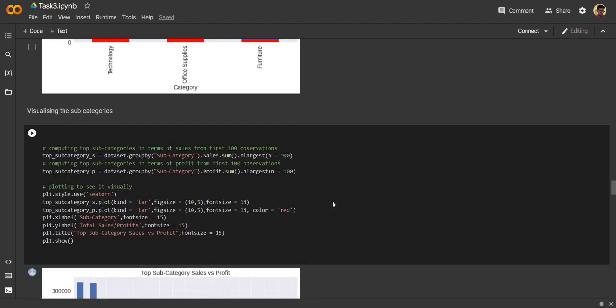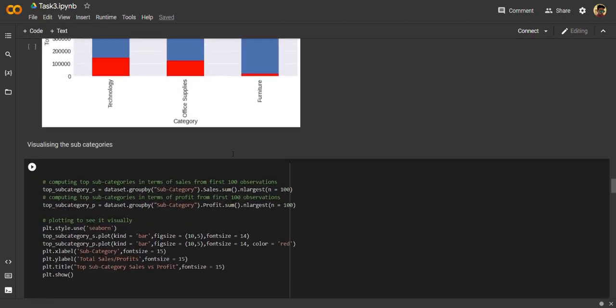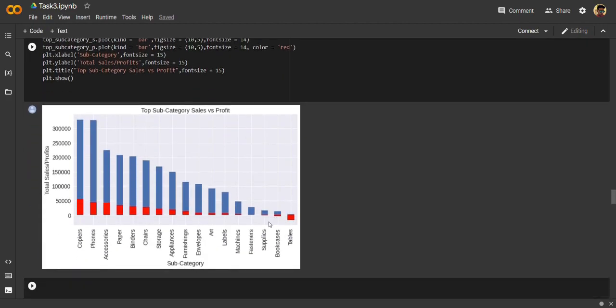And now we move to the subcategories of all the items in technology. So we can see phones, copiers, accessories, papers, binders, chairs, storage and every other subcategory there.